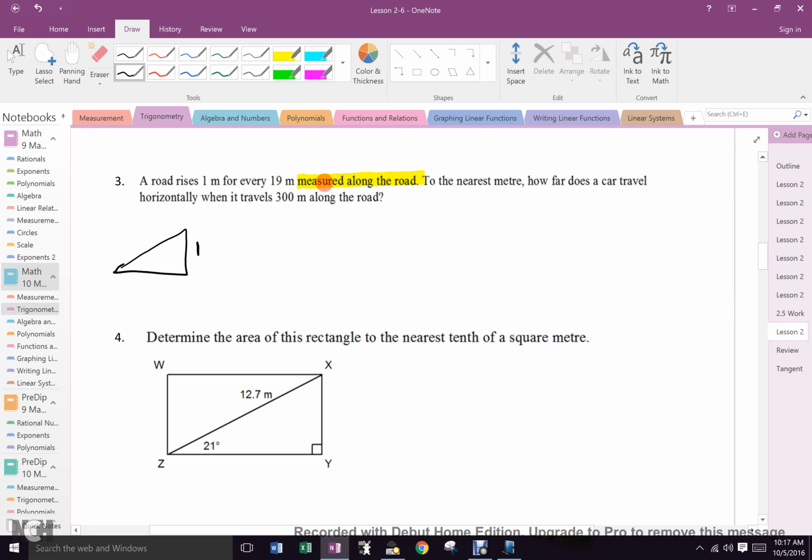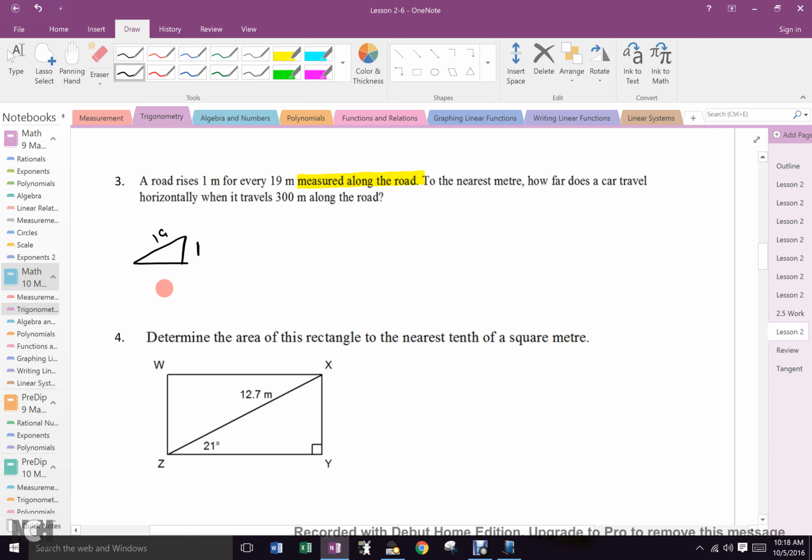For every 19 meters measured along the road, where is the 19? Is it X or Y? I think you guys should fight. Of course it's X, because we are measuring along the road. You cannot drive a car into a mountain, get to the middle of the mountain, and then drive straight up the mountain. So here is the 19.